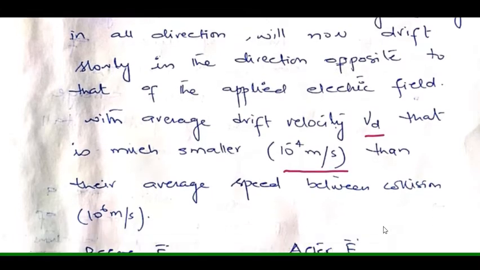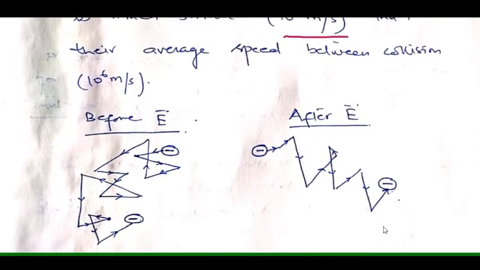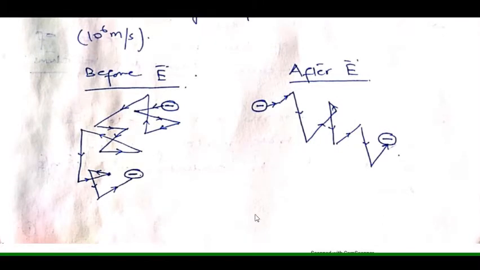Now, this figure gives us an idea that before the application of the electric field, the electron was here and randomly moving within the conductor. When we applied the electric field, it starts to align itself in the direction opposite to the applied electric field. So if the electron is moving in this direction, it means the direction of the electric field is this.